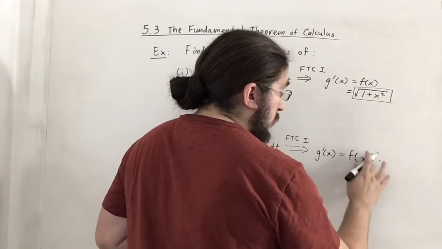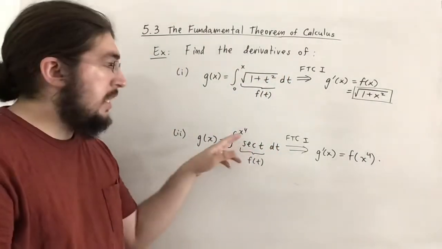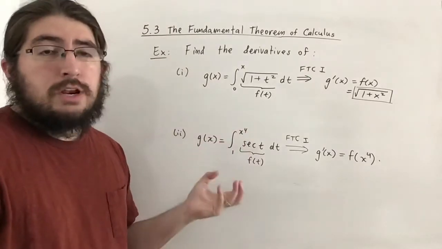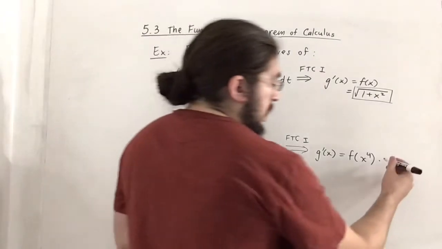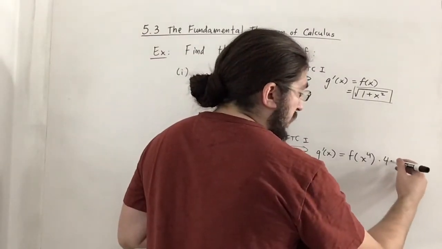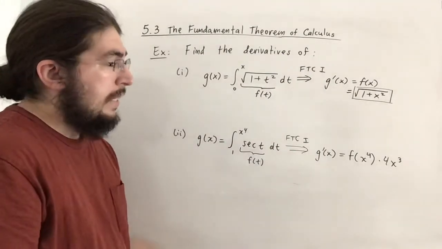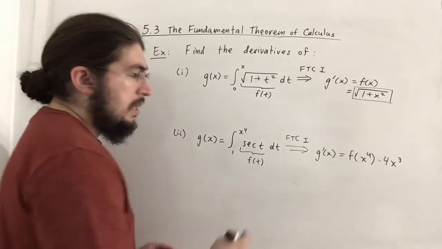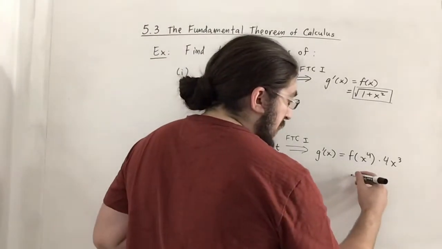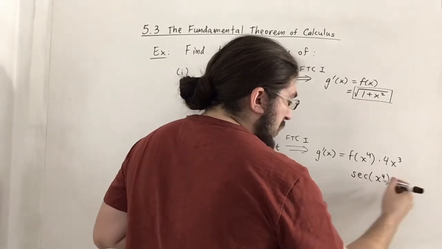But by chain rule, we have to multiply by the derivative of that inside function, because here the upper limit is our argument basically for these kinds of weird integral functions. So this is going to be times the derivative of x to the fourth, which is 4x to the third, and that part's by chain rule. Now, what is f of x to the fourth? Well, f of t is secant of t, so f of x to the fourth is secant of x to the fourth. And that 4x cubed I'll just write in front.